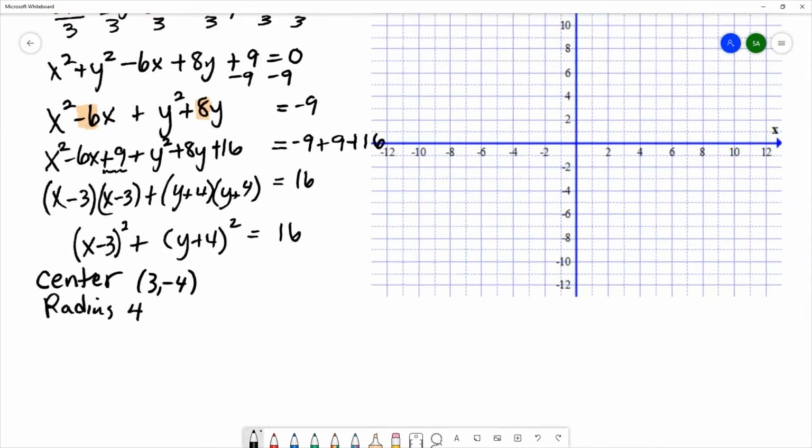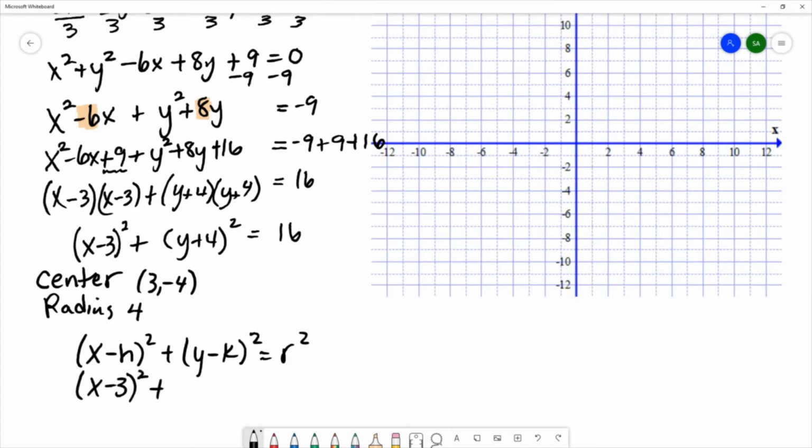The standard form of a circle is x minus h squared plus y minus k squared equals r squared. So if I line that up with my standard form, x minus 3 squared plus y plus 4 squared equals r squared, I can very easily see that h is 3. That's how I got the 3.